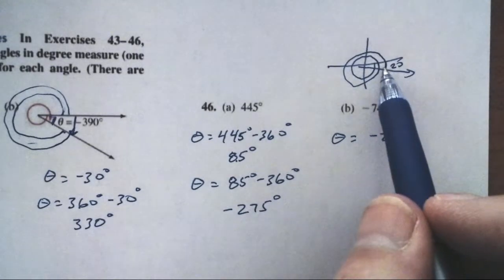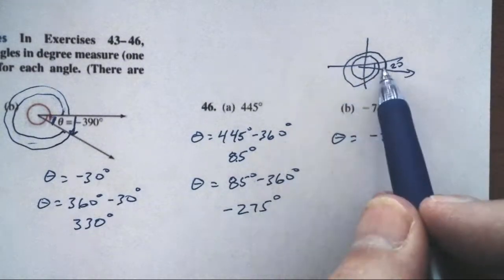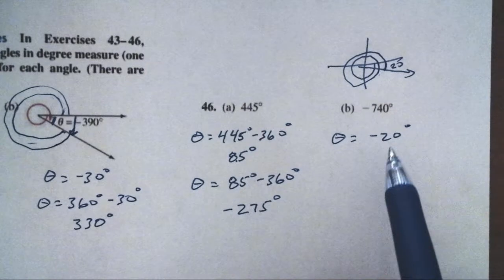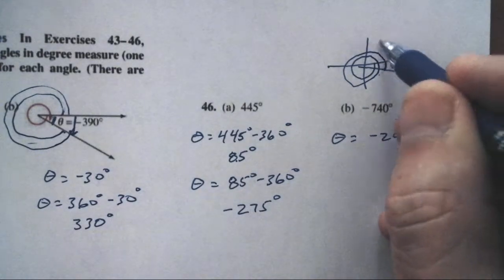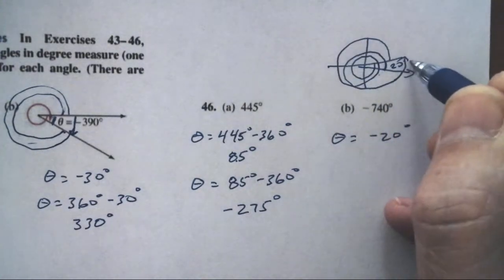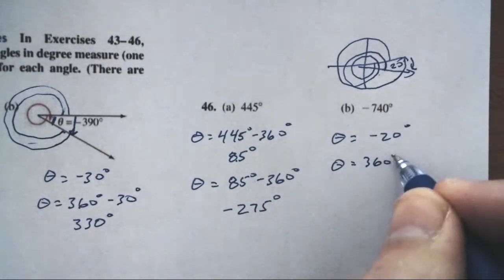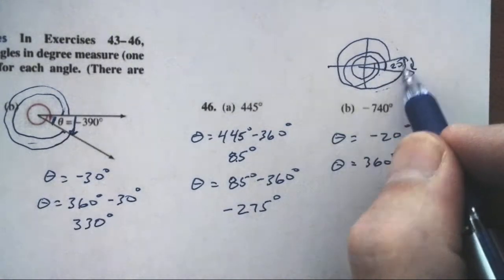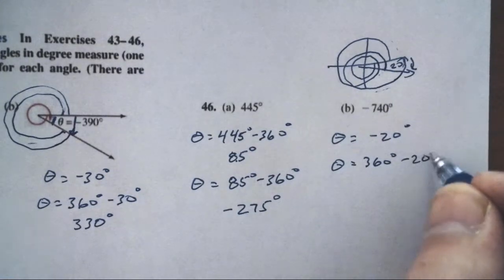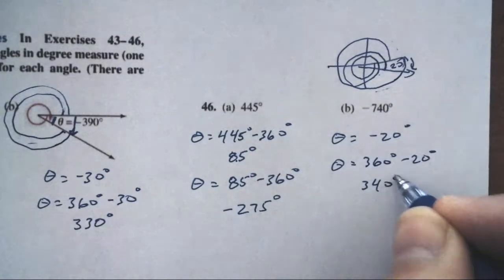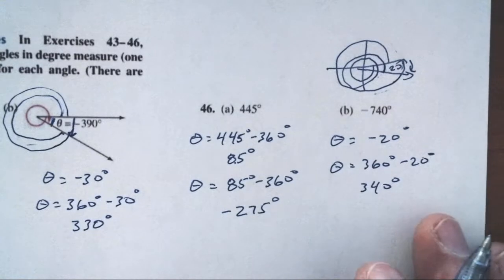It also could be negative 360 and 20. Could have negative 380 here. And to rotate this way, we could go 360 minus 20. Go backwards beyond it and then come back. 360 degrees minus 20 degrees, 340 degrees.